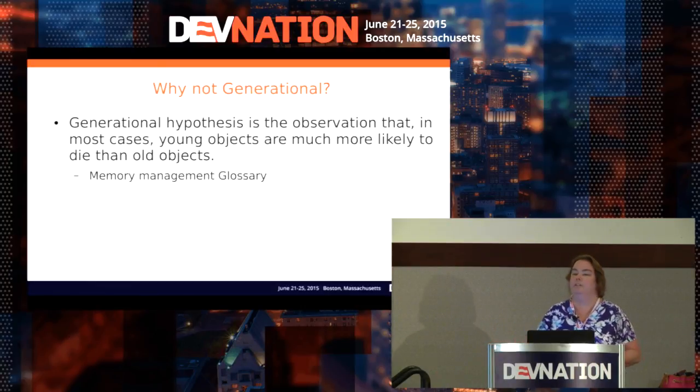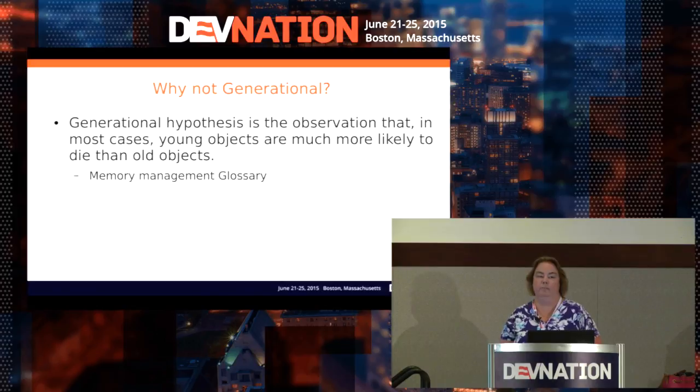So one of the questions that I've gotten quite a bit is, why isn't Shenandoah generational? Everybody learned in Lisp 101 or Java 101 that generational collectors were faster. The generational hypothesis says that in most cases, young objects are more likely to die than old objects.